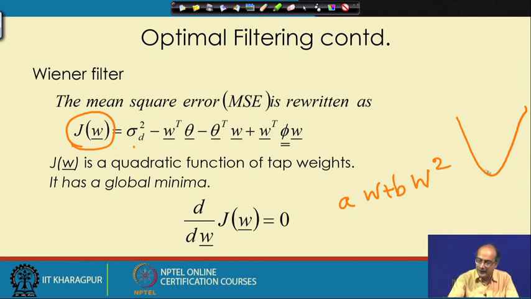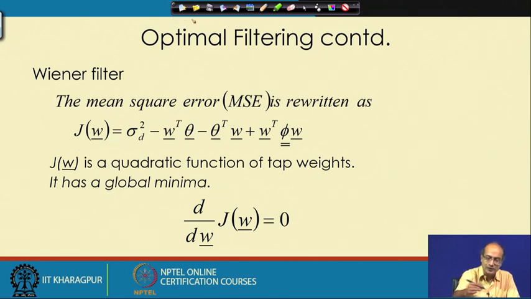Now, being a parabola, it has a minima, and we can reach this global minima by taking the derivative, or to be more specific, in this case we need to take the partial derivative for each weight when W is multidimensional.